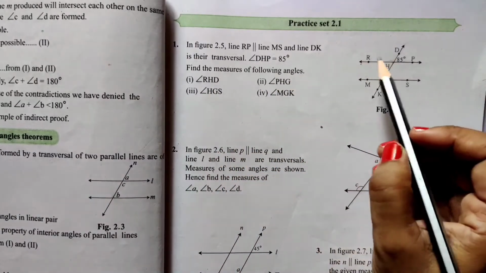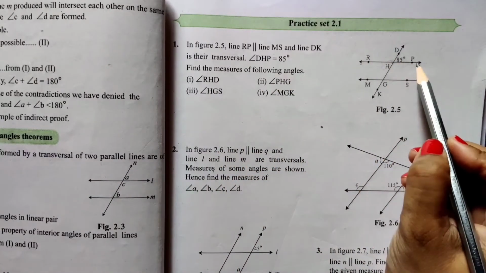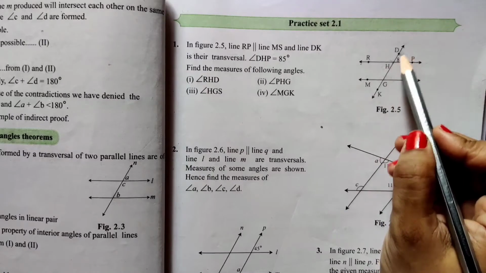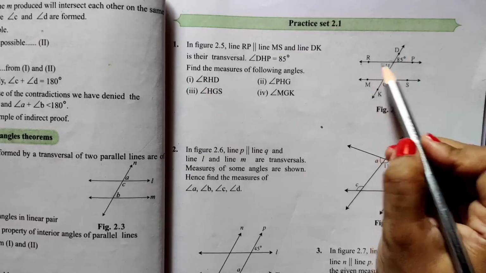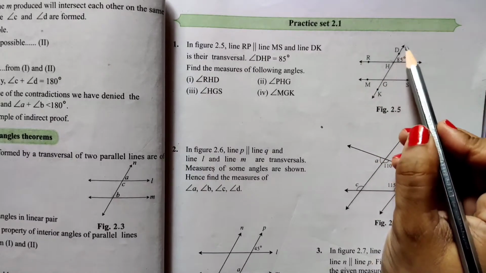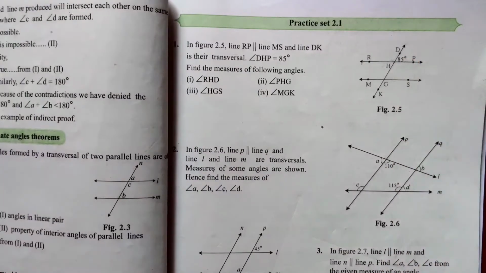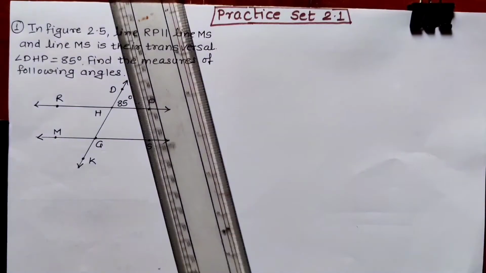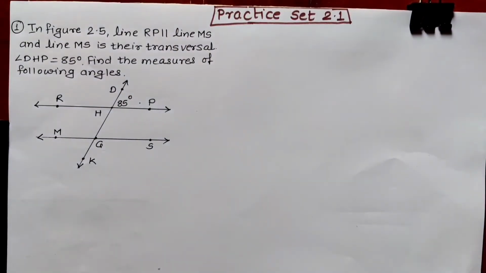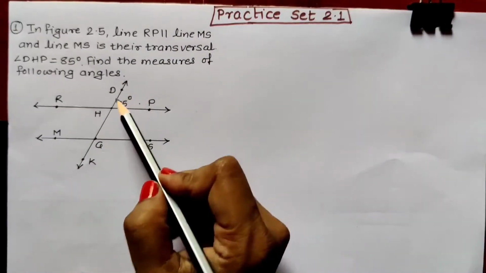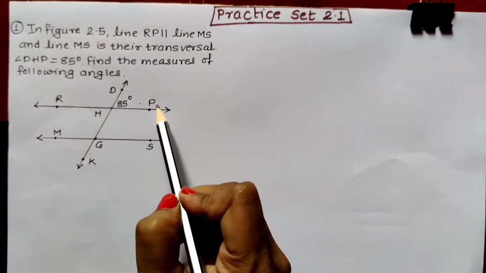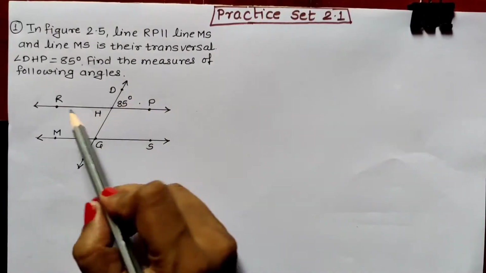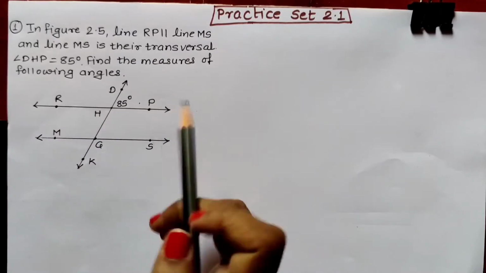If you observe angle DHP and RHD, these two angles are in the same line and they are separated by one ray. I will show you on this page. We can see here these two angles, angle DHP and RHD, are in the same line RP.